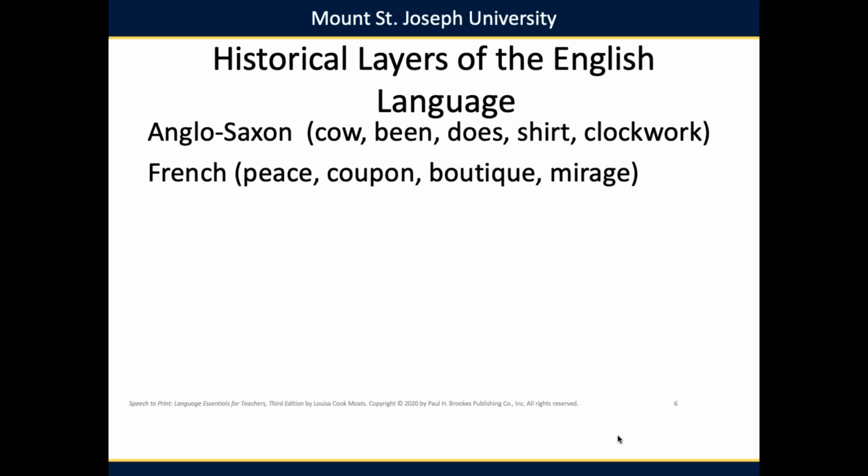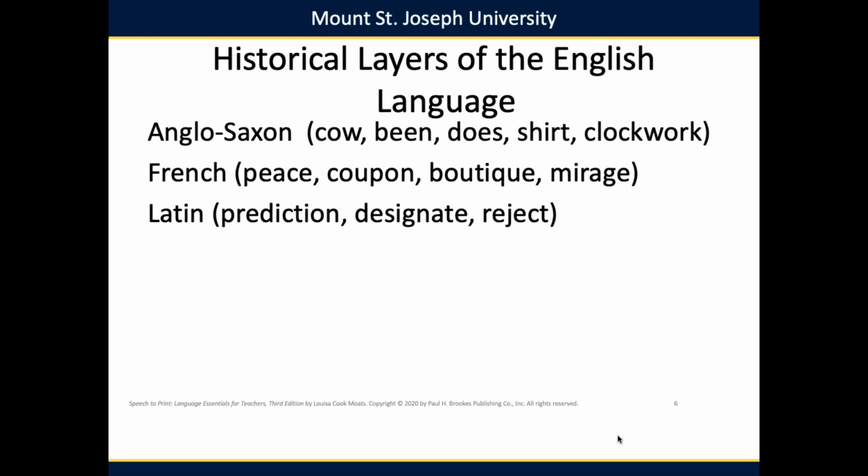Some English words originated from the French language, words that contain the soft C and G when followed by E, I, or Y, like the word peace. Special endings to words like the word boutique, words that are related to food and fashion, or words related to abstract ideals.